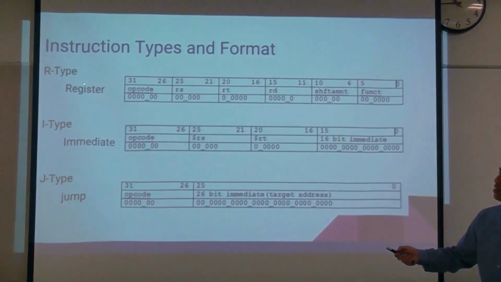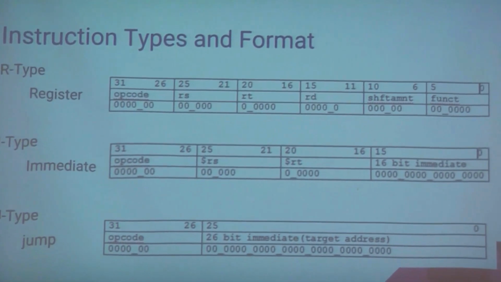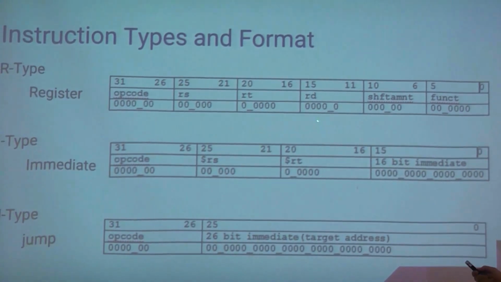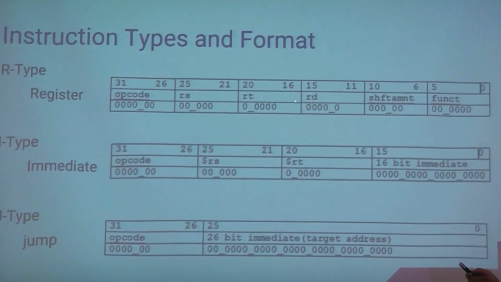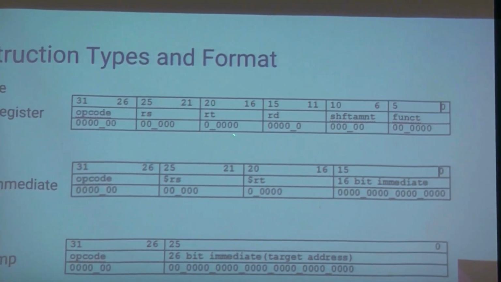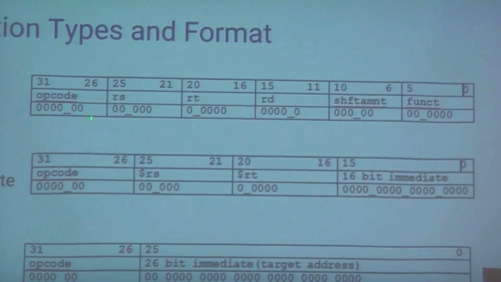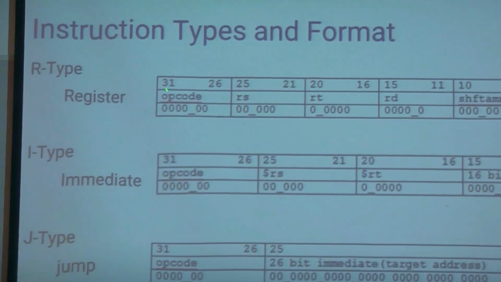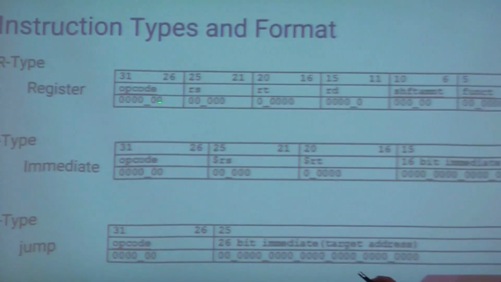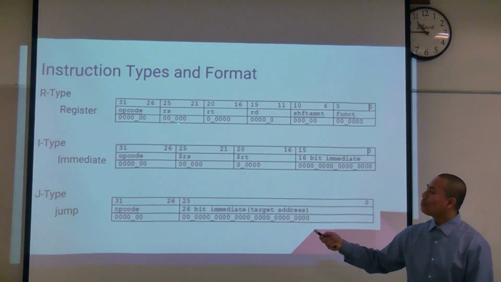So R type is allocated for operations dealing with multiple registers. In this case, we do have a destination register. In later cases, we won't have a destination in a sense with this. So our opcode for register, how we know it's a R type is that the upper 6 bits of the instruction is always 0.